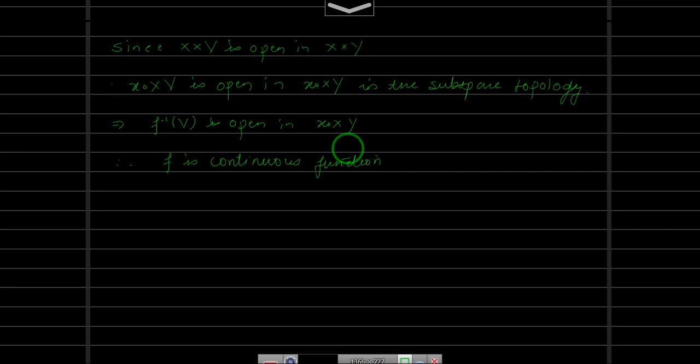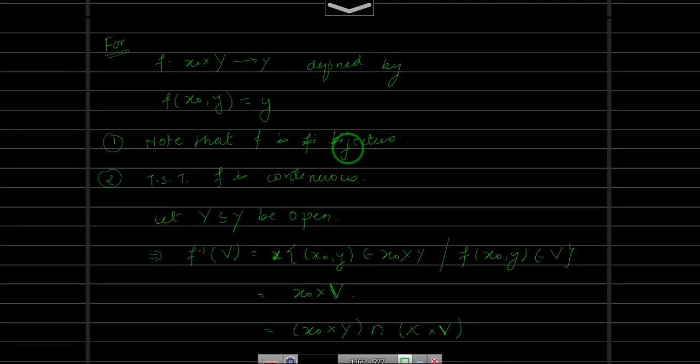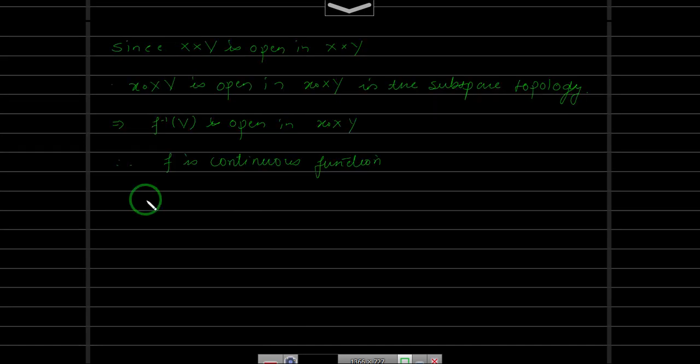Because to prove that f is continuous, we have taken an open set in our codomain, and we proved that the inverse image of that open set is open in our domain. That implies f is a continuous function.